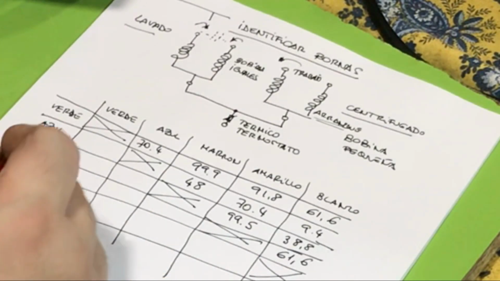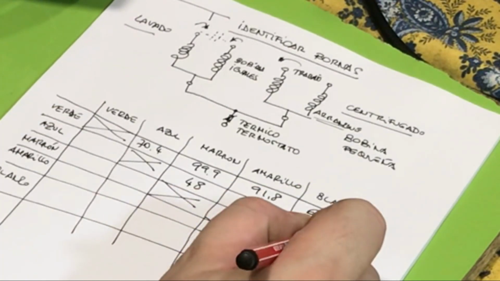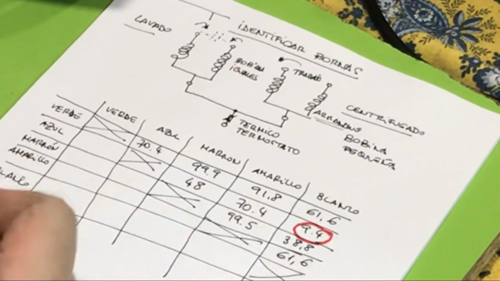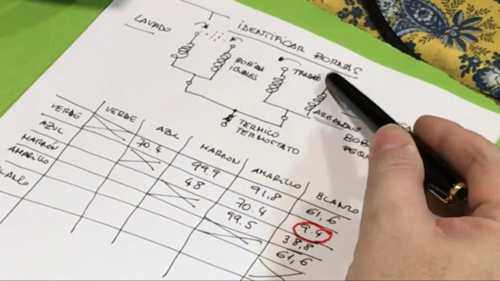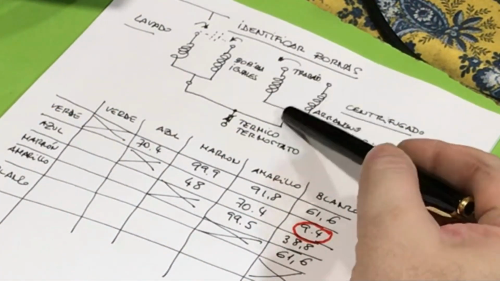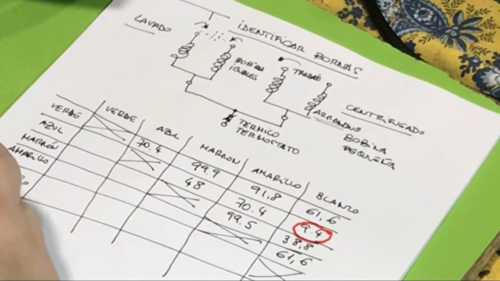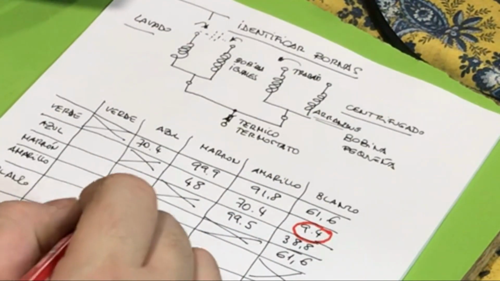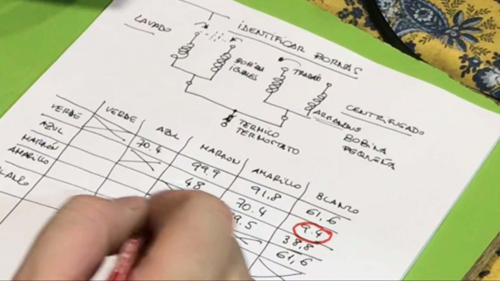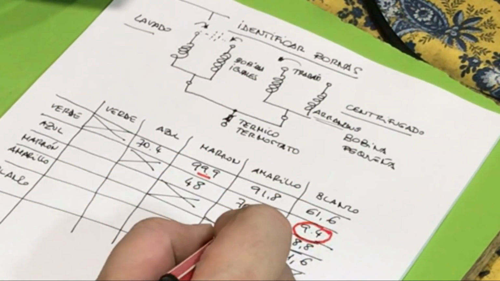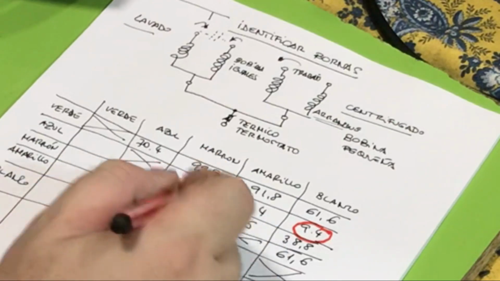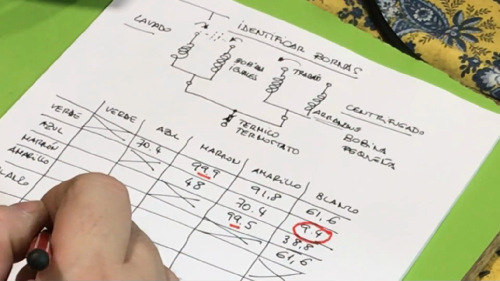Once we have all the measurements, we will look for the lowest value, in this case 9.4. This lowest value, we know, is the starting coil for the spin. We don't know which one is the common and which one is the terminal. Then we look for the next pairs of measurements.